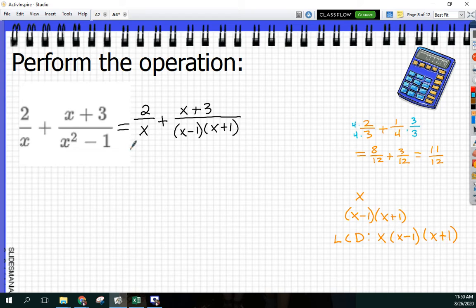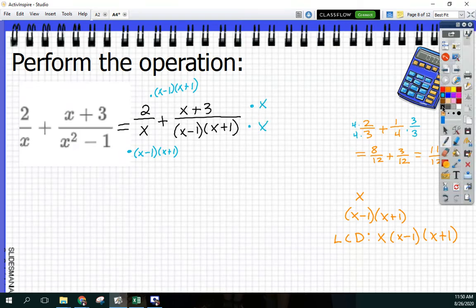So hopefully we see that for my first fraction, we would need to multiply the top and the bottom by x minus 1 times x plus 1. Now our second fraction is a little bit easier because it already has the x minus 1 and x plus 1. It's just missing the x. So we would have to multiply all of that out.